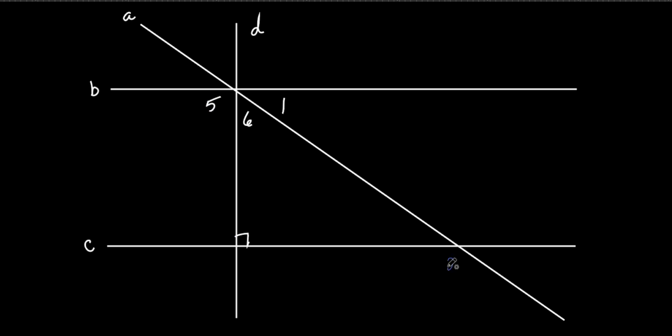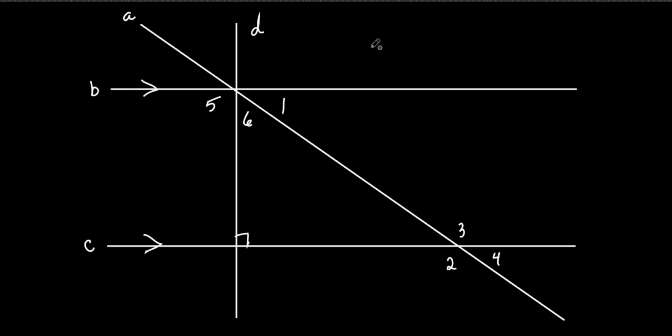This is 2, 3, and 4. I think that's everything. And we'll put the little parallel sign right there. So those two lines are parallel, and you have this transversal A and this transversal D. It's perpendicular, and we have to find everything.